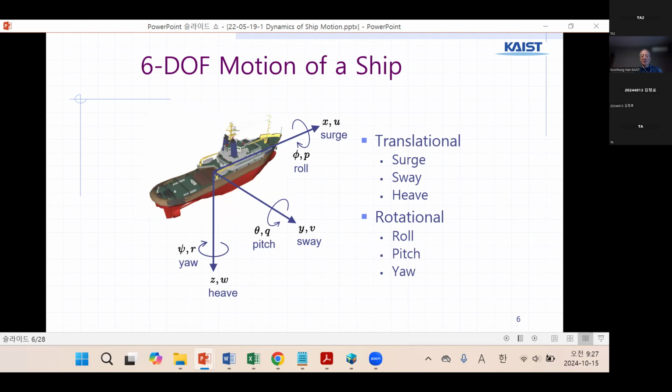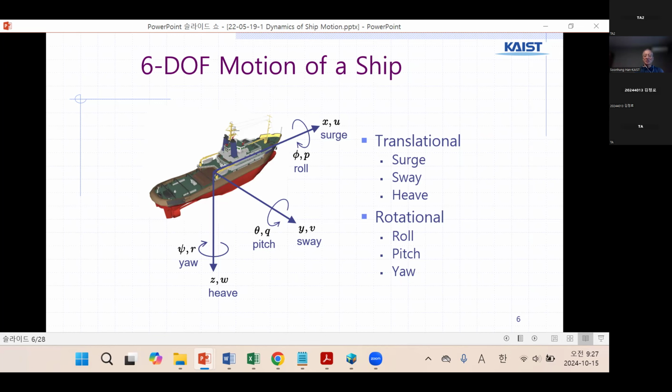In ship, the same motions, the same dynamics, but the object of motion and the surrounding environment is different. It is very similar with a car, automobile, or an airplane. So it is a 6 degree of freedom motion.